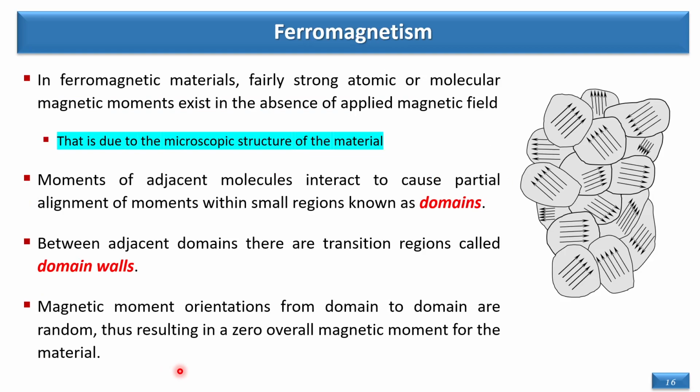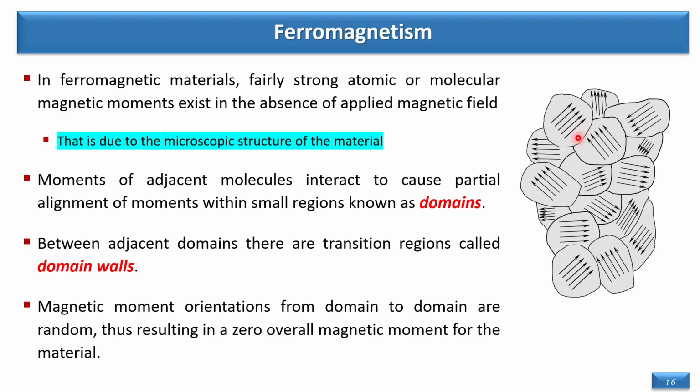Ferromagnetic material, ferromagnetism, is what we call in regular life magnetic material. This material's internal structure is like this. Instead of having each atom oriented in its own way, there are domains, and inside each domain the moments of the different atoms are very closely aligned to one another.